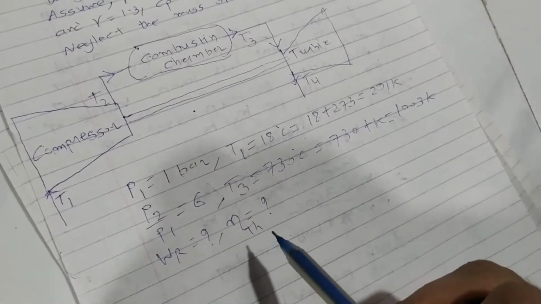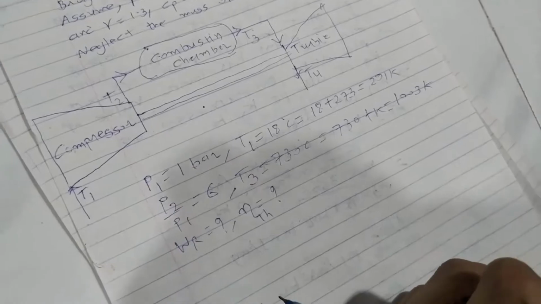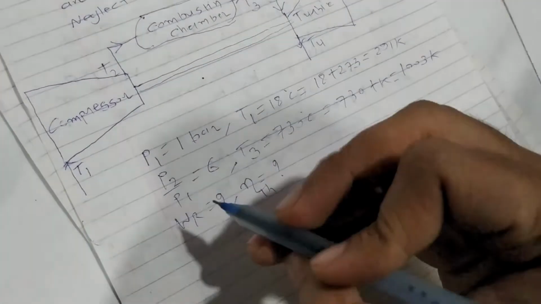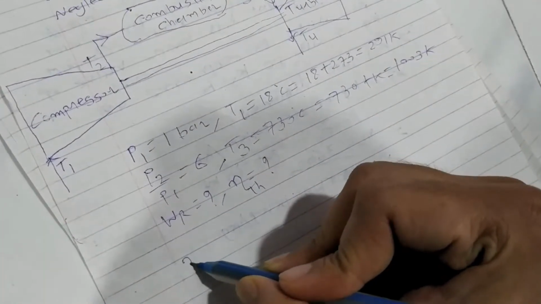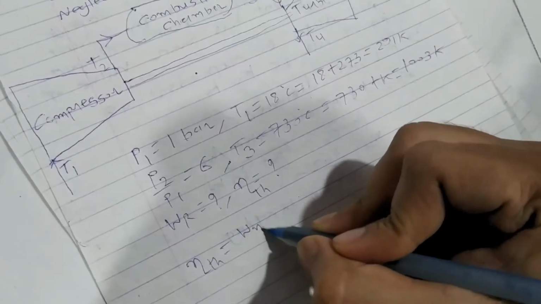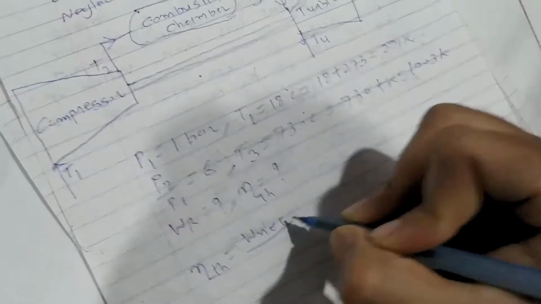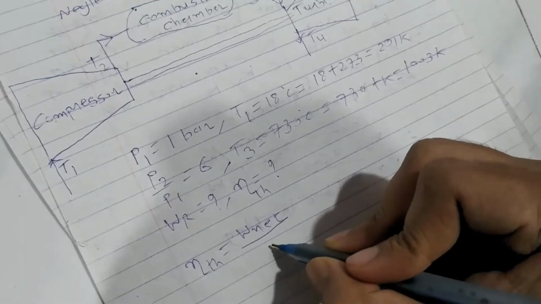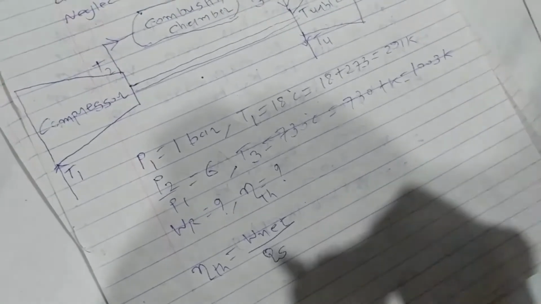So now I want to find thermal efficiency and the work ratio. What is the formula of thermal efficiency? The formula of thermal efficiency is net work done by the open cycle gas turbine upon heat supplied, QS.